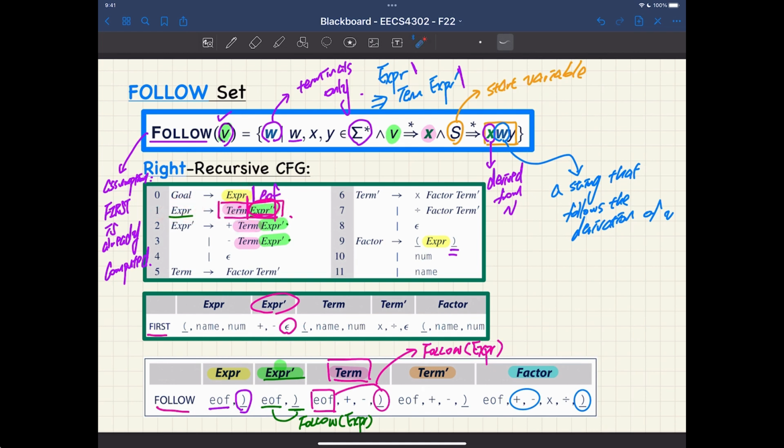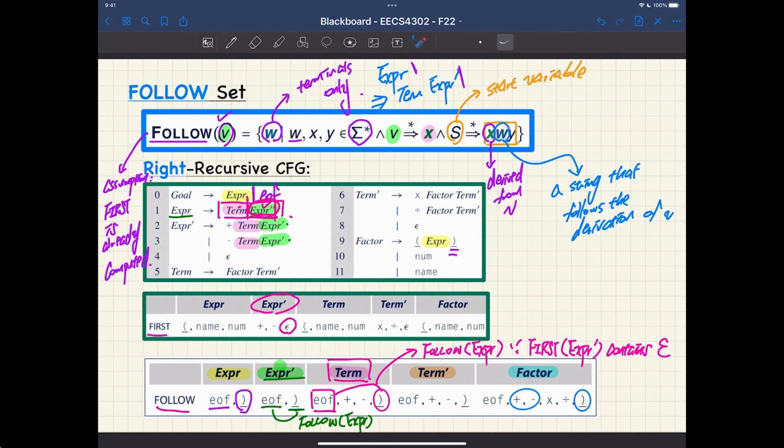So that one there is simply follow because the first of expression prime, which is over here, the rightmost, contains epsilon. All right? That's something you can also look at. And these two will follow very similar logic over here. We're going to maybe look at them when we calculate using the algorithm.